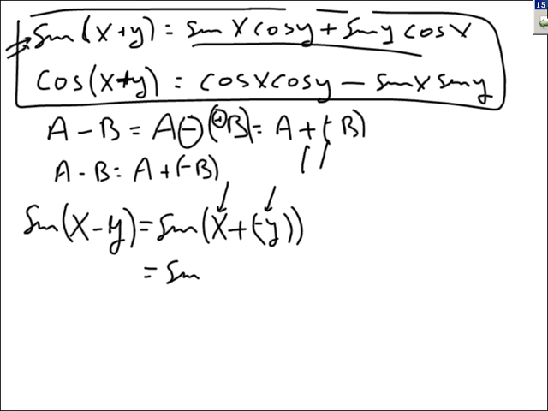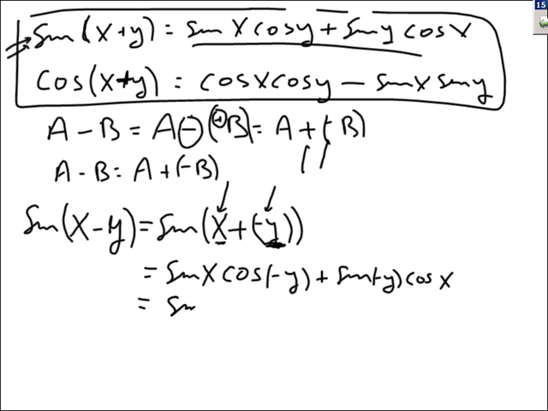You get the sine of the first angle, x, times the cosine of the second angle, which is y, plus, now you reverse it. Now you get the sine of the second angle times the cosine of the first angle. And then you say, well, sine x is sine x, but cosine of negative y is just cosine of y. With sine, the minus comes out in front. So it becomes minus sine y cosine x.